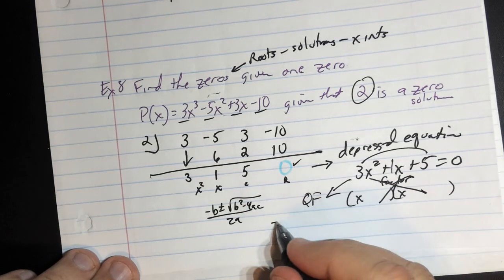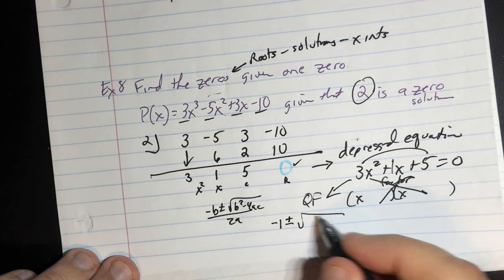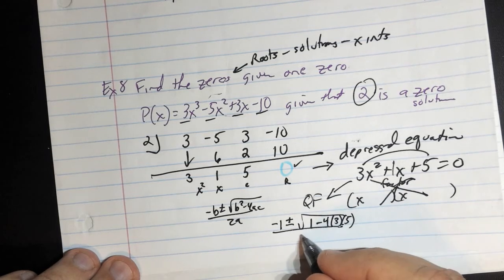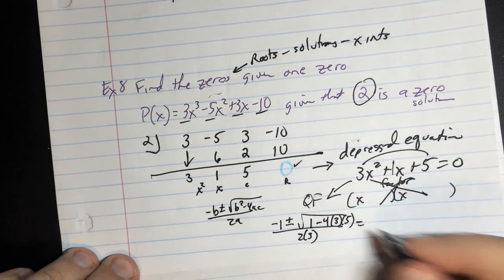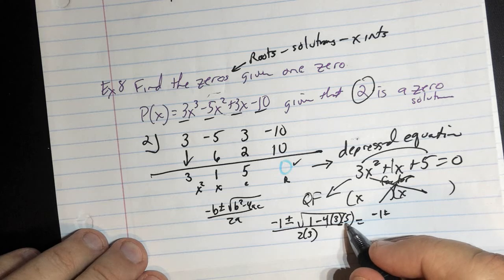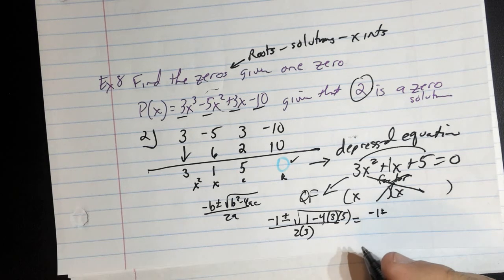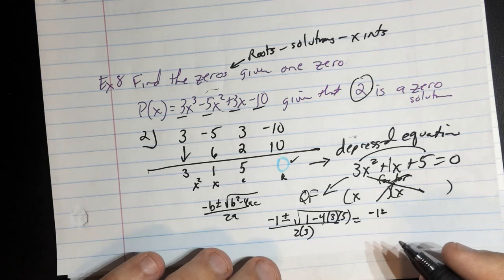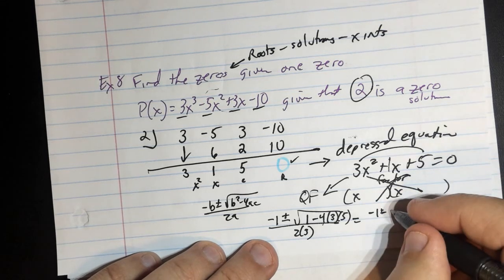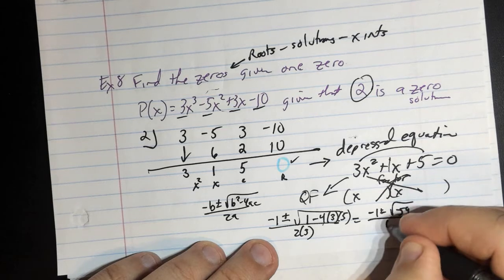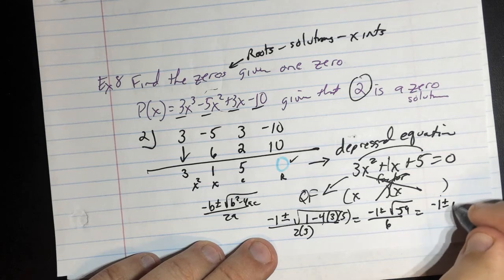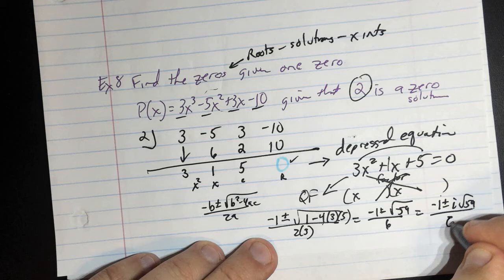So I have a 1 here, so it'll be negative 1 plus or minus the square root of 1 squared minus 4 times 3 times 5, all over 2 times 3, which is negative 1 plus or minus the square root of 1 minus 60, which is negative 59, over 6, which is going to be negative 1 plus or minus i root 59 over 6.